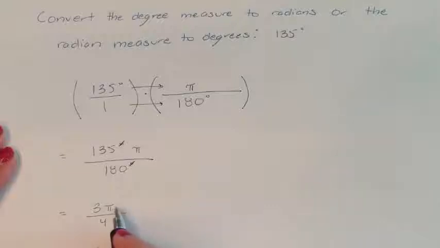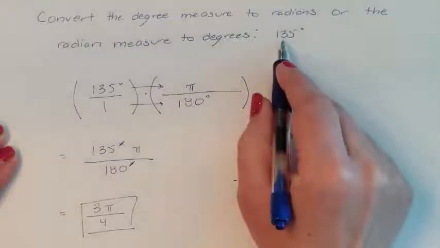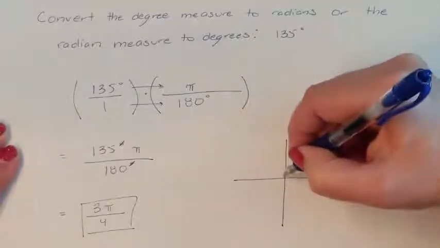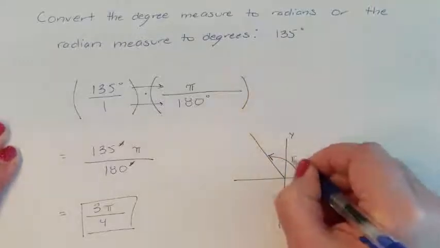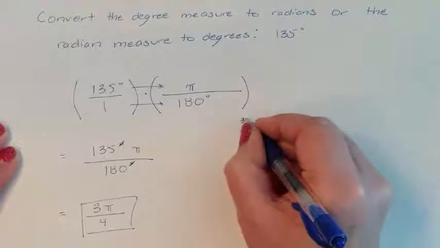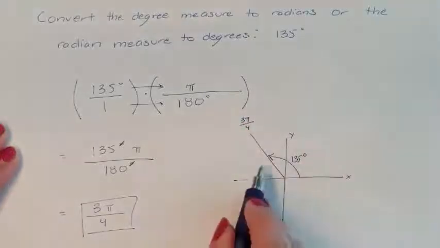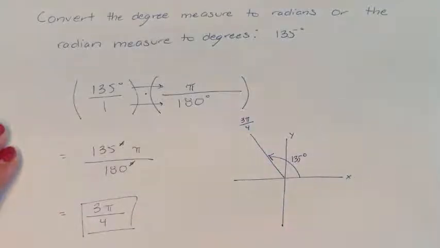It's assumed it's in radians because pi is in our answer. So if we had our xy axis, 135 degrees was about here. So this distance right here was 135 degrees, which means this location is also the same as 3 pi all over 4. This is not only 135, it's also 3 pi over 4, depending on the units you need.